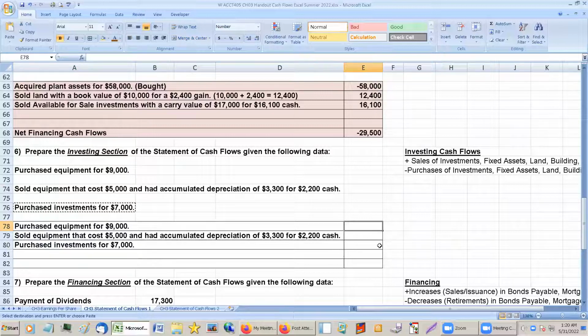Purchase equipment for 9,000. It's gone down by 9,000. All the equipment that cost, and so on. We sold it for $2,200 cash. $2,200.